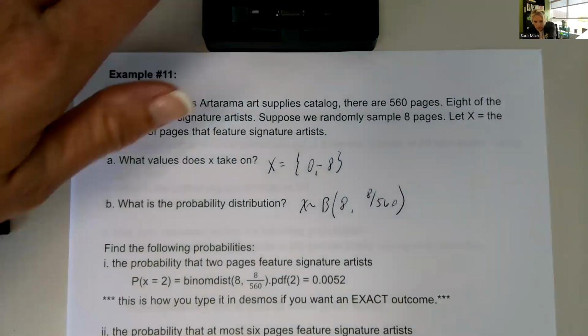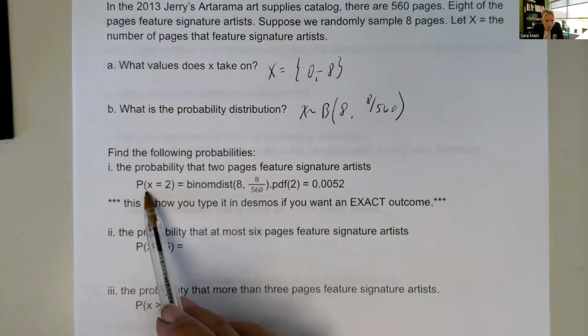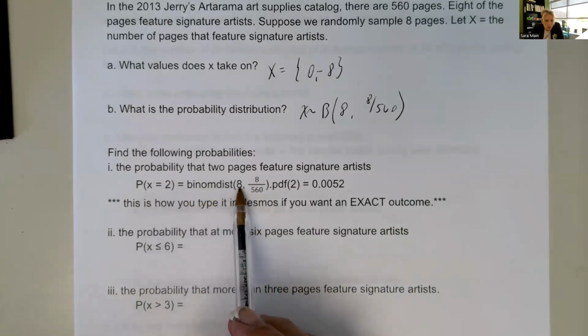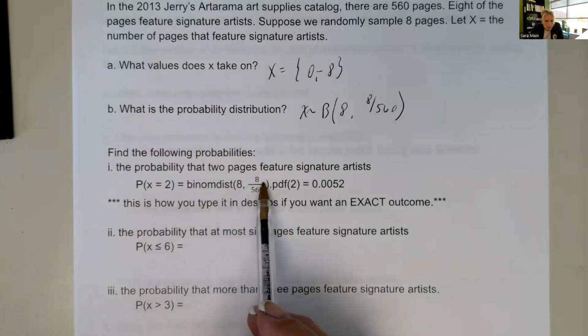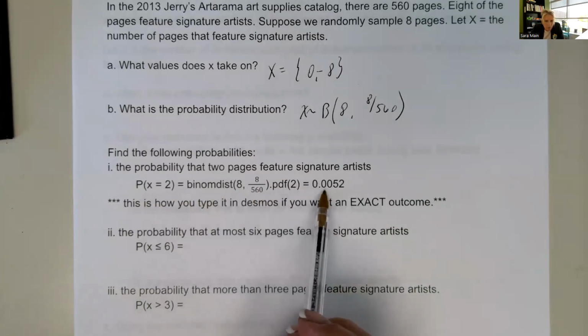The probability that 2 pages feature signature artists means we're looking for the probability of X equaling exactly 2. So binomial distribution, we have 8 as our n. Our probability of them being signature artists is 8 out of 560. And then that is 0.0052.